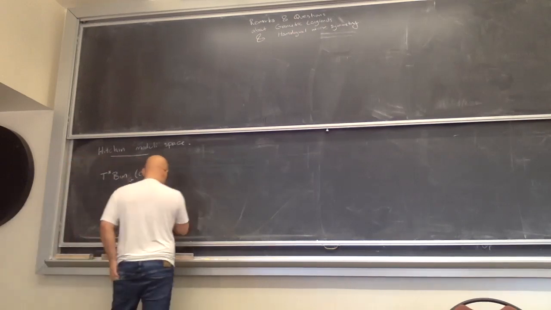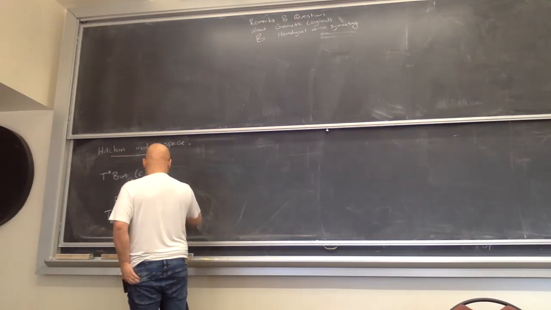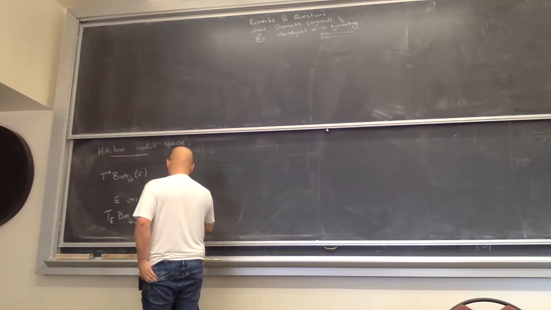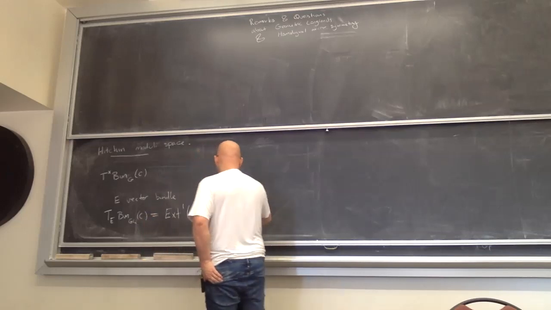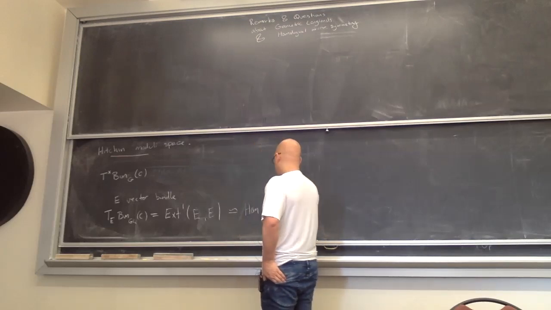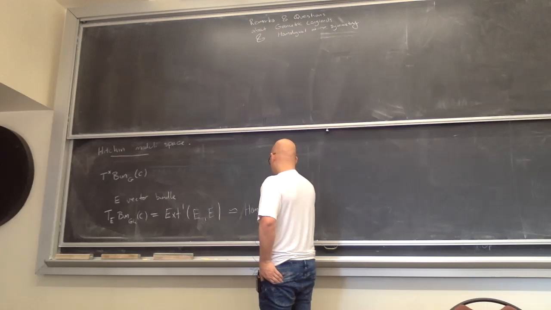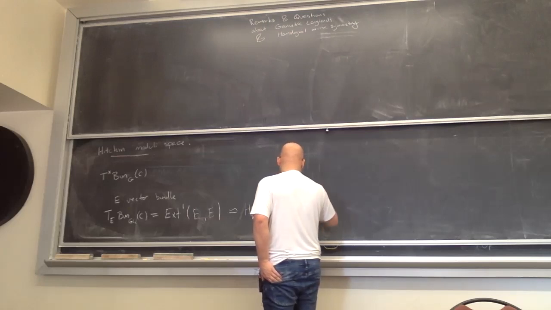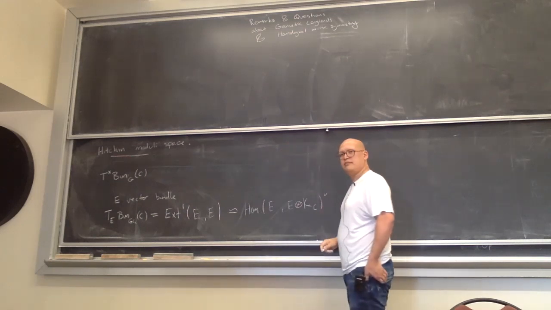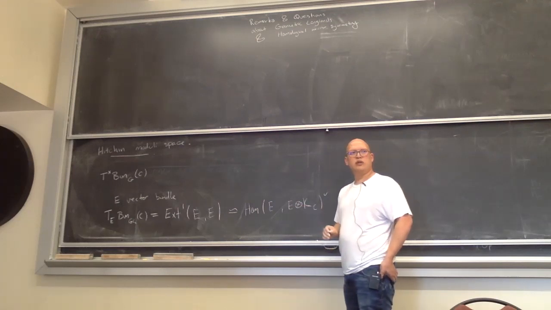If you do some deformation theory, it is H^1 of X, End E. And duality tells you that this is Hom from E to E tensor the canonical bundle of the curve, dual.